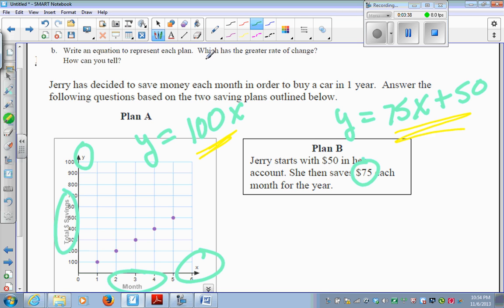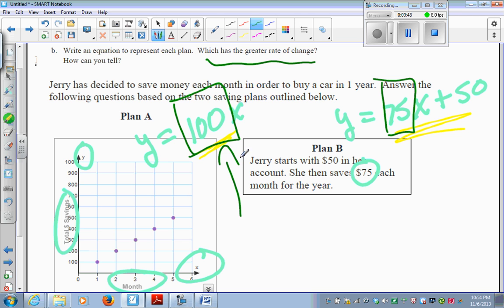The second question says, which has the greater rate of change? So remember, in a linear function, the rate of change is this number right here in front of the variable. So this is 100 because it means every month it's changing 100. So the greater rate of change, this is what we should have written.